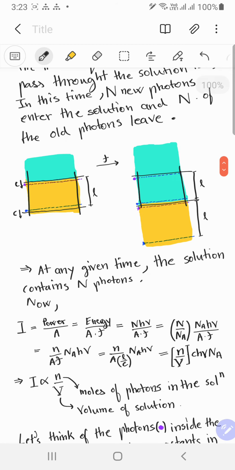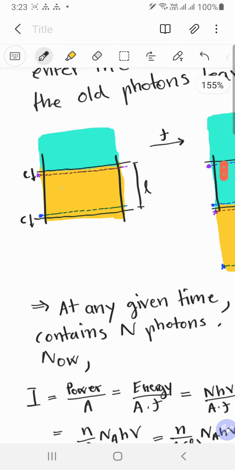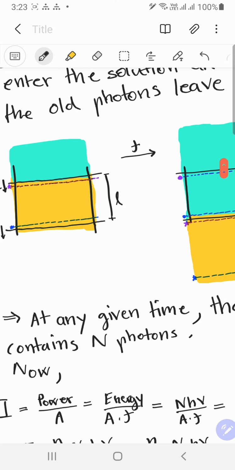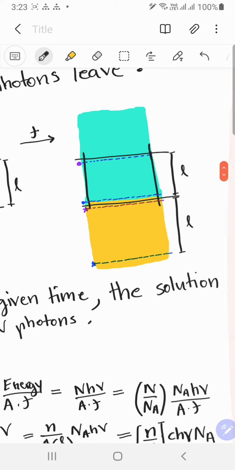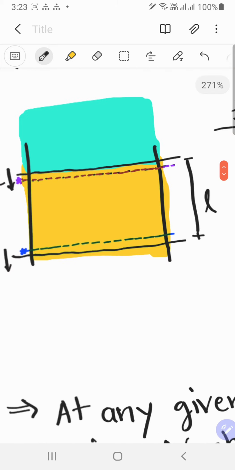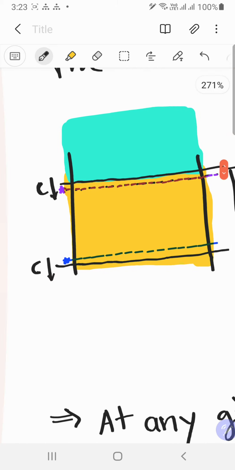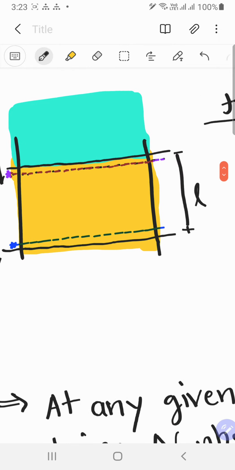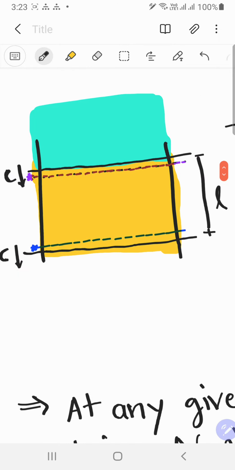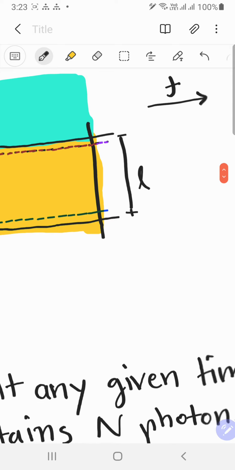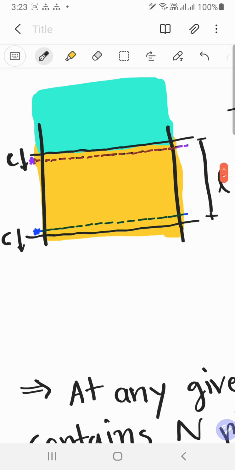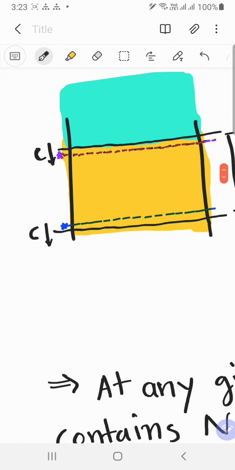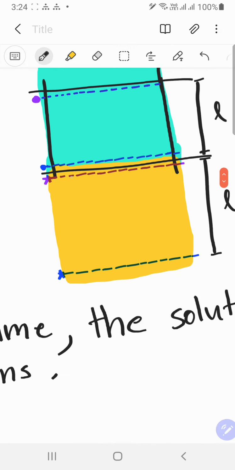So here you can see these old photons, which I have marked with the orange ones. These are going to leave completely. Why is that? Because the last layer is moving with the speed c, so in time t it will move distance L. Once it has moved L distance, it will be at this position.